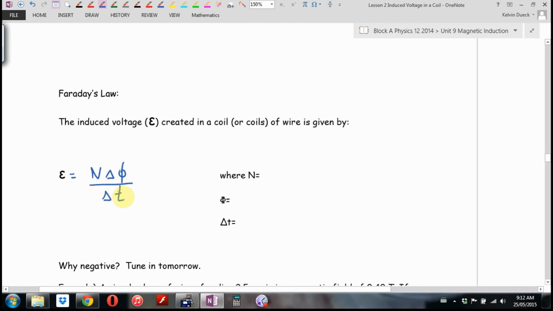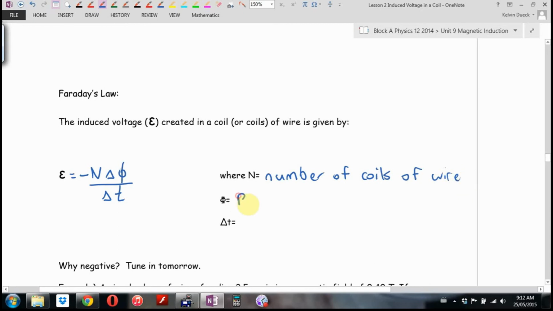But the reason I said leave a small space is in front there's a negative. Why negative? Tune in Wednesday. Where N equals the number of coils of wire.